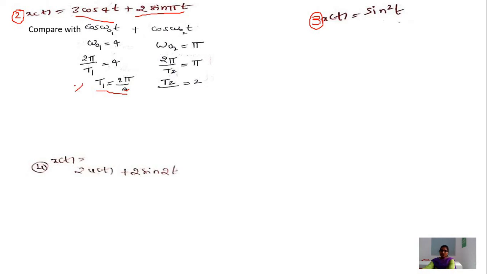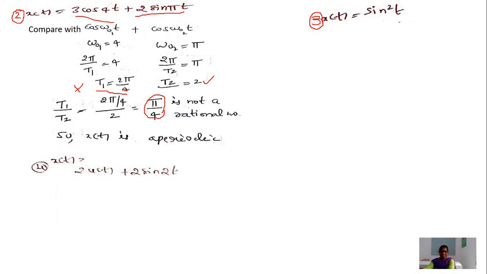T1 is not an integer. T2 is equal to 2, an integer. T1 by T2 we are getting pi by 4. It is not a rational number because the numerator is not an integer. That is why the given signal is non-periodic.